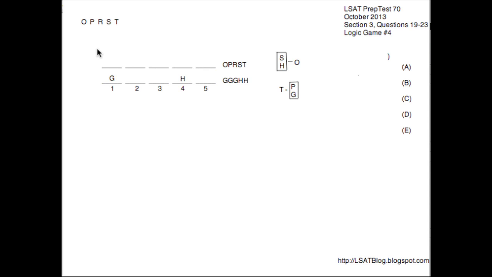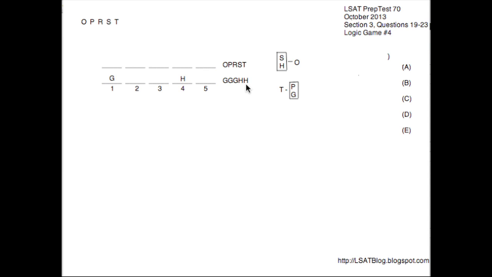Instead, I'm going to focus on how we can split this game open into 3 different main possibilities. I lay those possibilities out based on the placement of the additional H variable. We already have one of the H's placed for us on 4, and there's only one other H left to allocate.